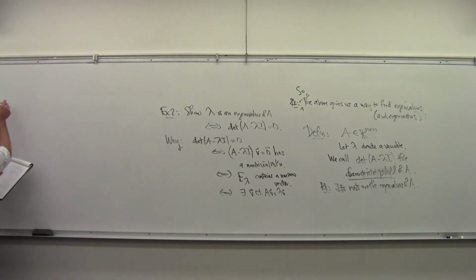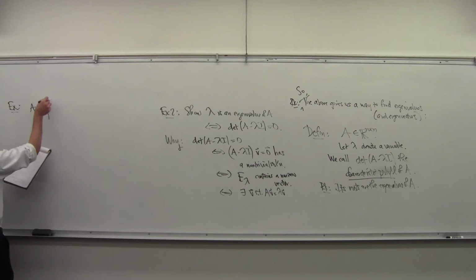Okay, so here's an example, to make this concrete. A is [6, -4; 3, -1].